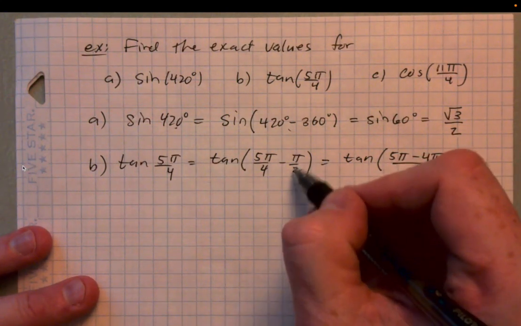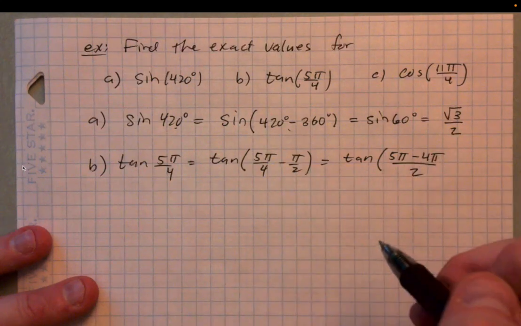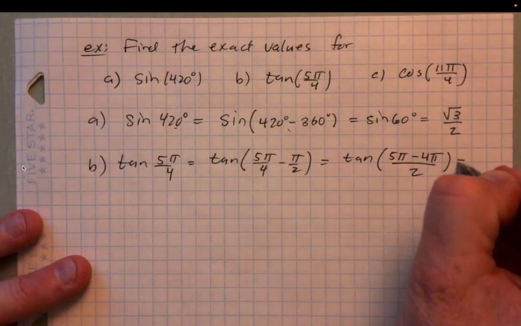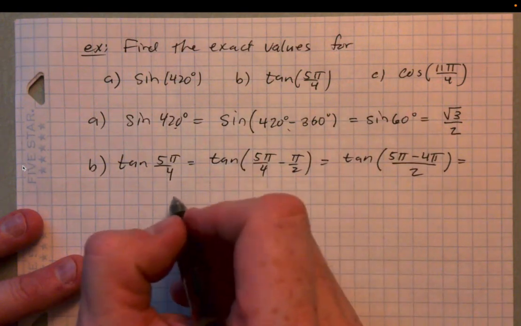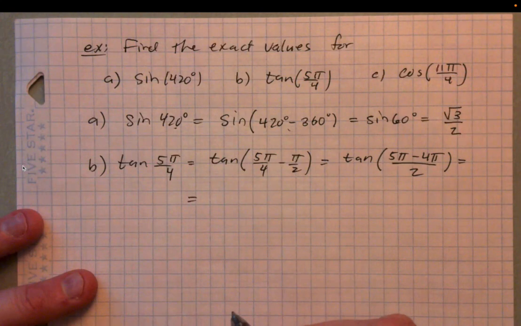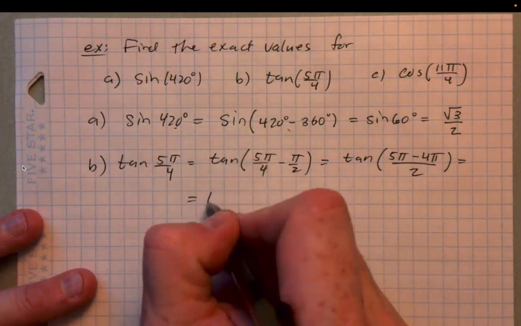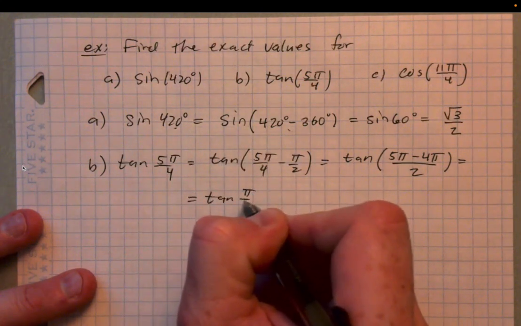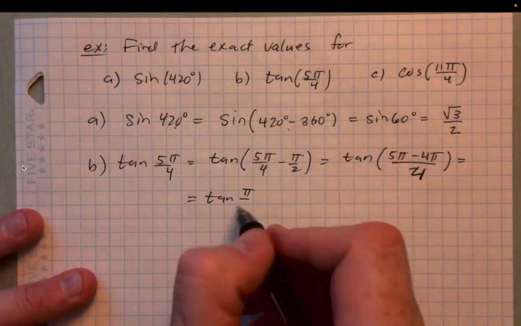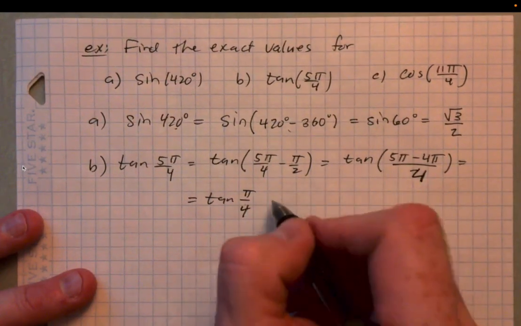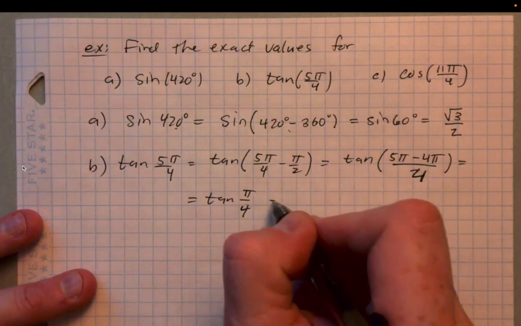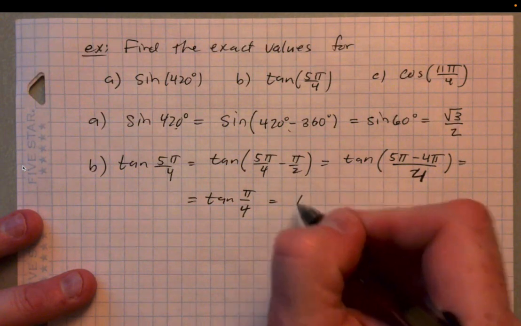So if I get a common denominator, multiply top and bottom by 2. Okay. And so then that's equal to tangent of pi over 4. Oh, sorry, this should be a 4 there. Sorry about that. Pi over 4. And so then I can look that one up and see that that's equal to 1.